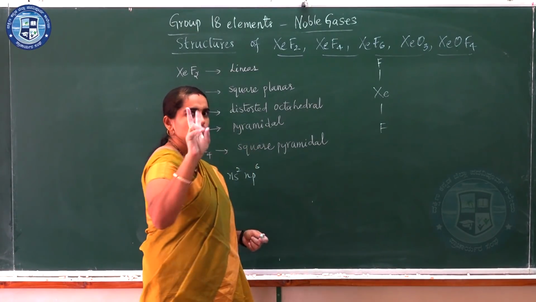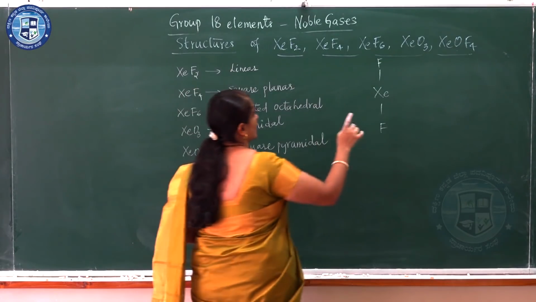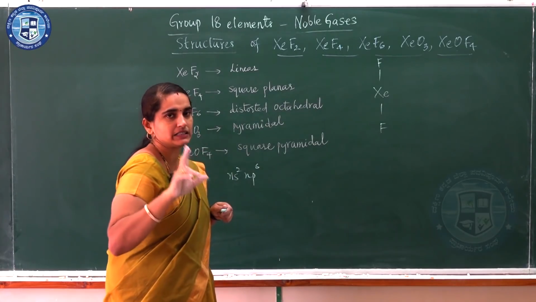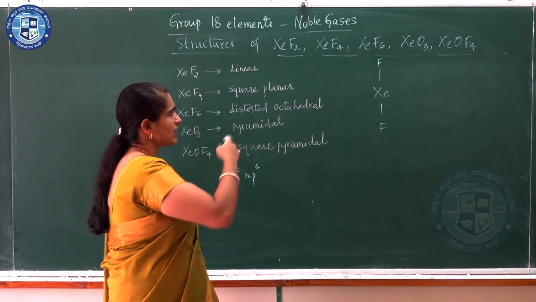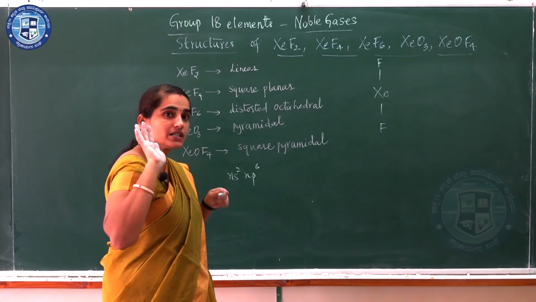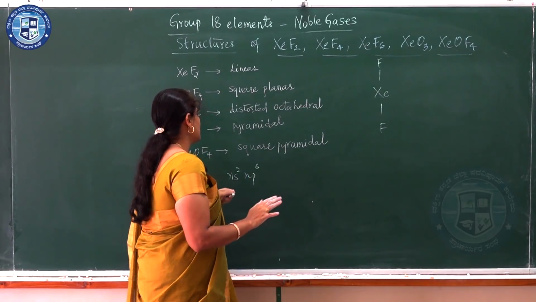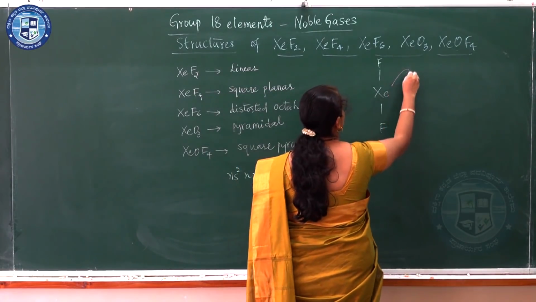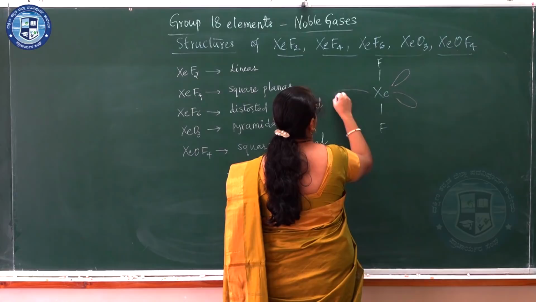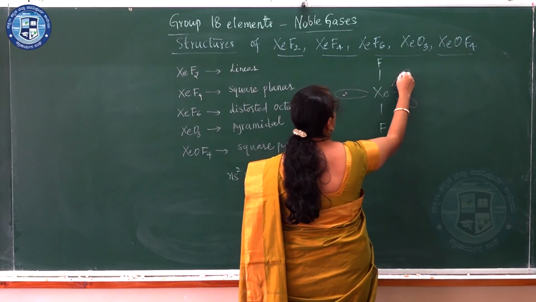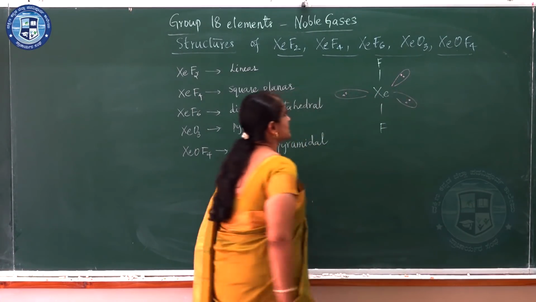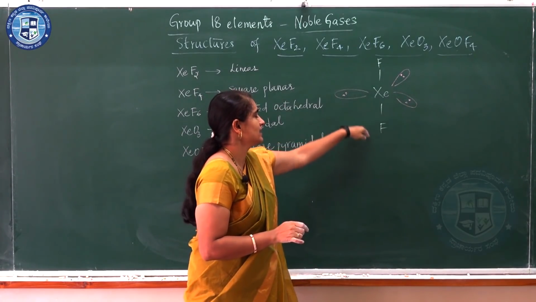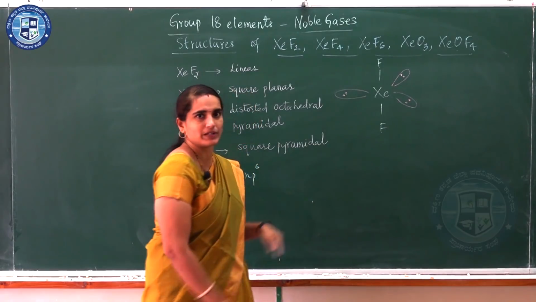Among which 2 electrons are involved in forming bonds with 2 fluorine atoms. How many are left? Totally 8, 2 are involved in bond formation, covalent bond. So I am left with 6 electrons or 3 pairs of electrons on xenon. That you have to show like this. So these are all the lone pairs of electrons which have been left on xenon. The shape is linear. You can write it like this or straight.